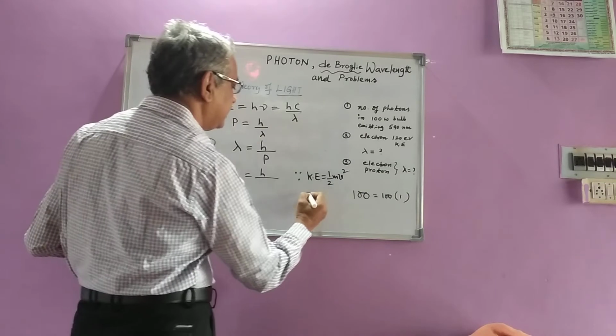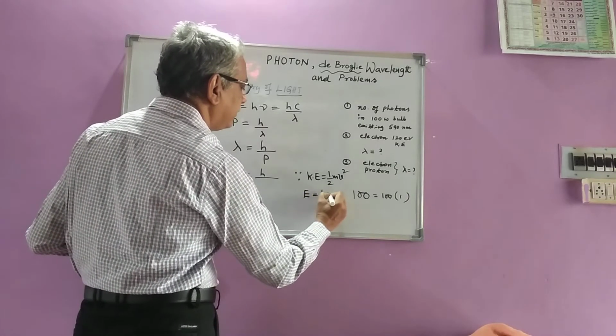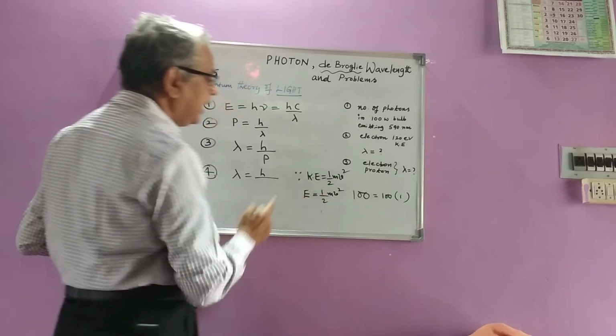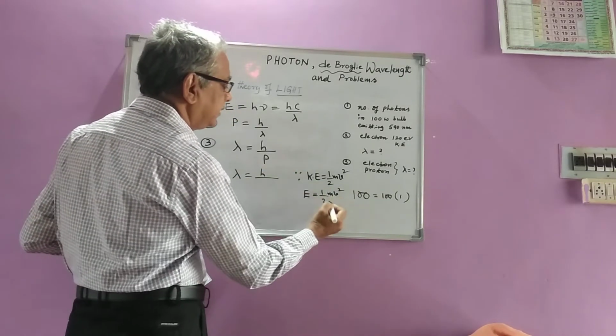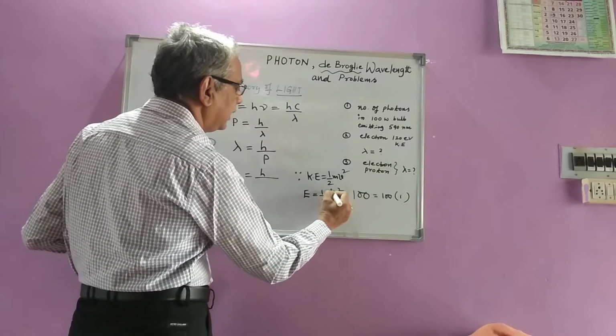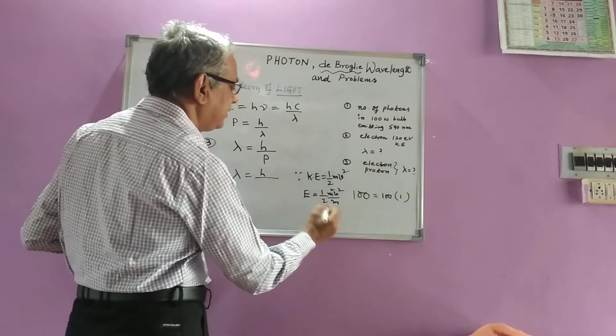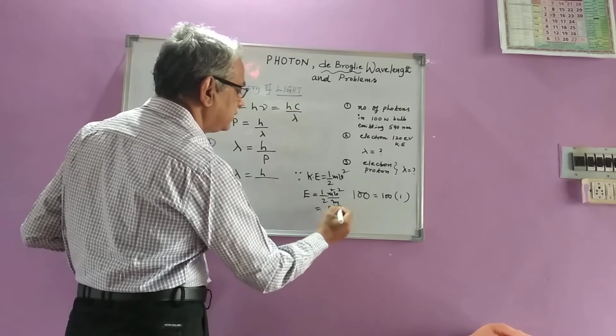If I multiply and divide by m, then this will become m square v square, which I can write as p square, over 2m.